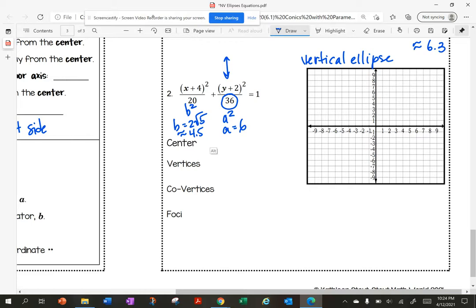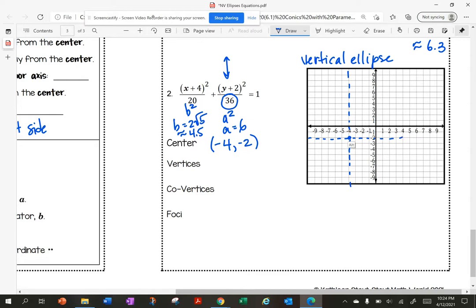So my center is at H and K. So H is -4 and K is -2. So -4, -2. So my major axis is vertical. My minor axis is horizontal.